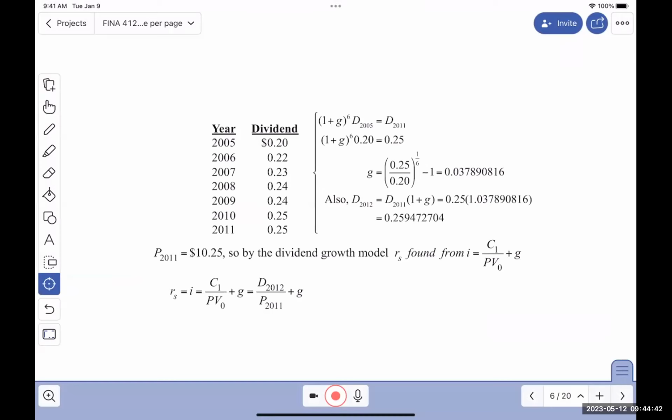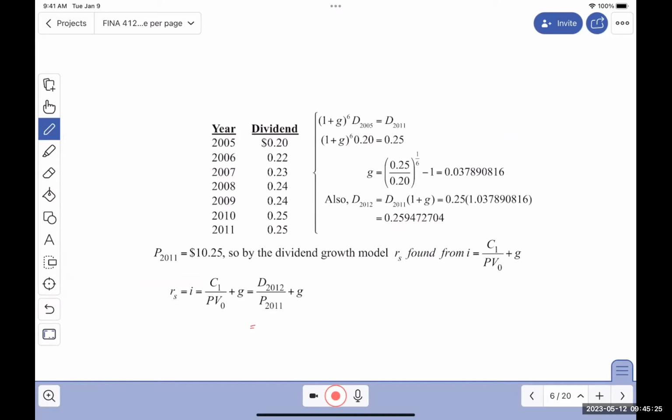Okay, so what do you have? To find the dividend next period, I'm going to use the G that I found, and there it is, it's 26 cents. Or I can use this whole estimate, because investors will buy, this is dividend per share, so investors will buy more than one share. So we could use the extra decimals. If they had 1,000 shares, then they would make $259.47.